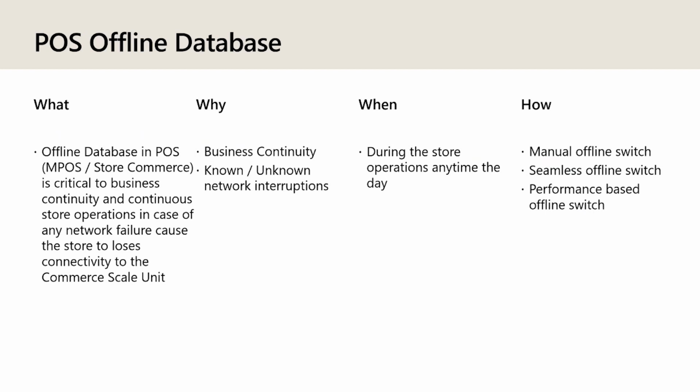And of course, Harish and Scott are going to talk about this in far more depth, but there's a variety of possibilities here between the concepts of manually offline switching, seamless offline switching, which is the more standard, and our more new focused feature sets around performance-based offline switching, where we try to be more proactive. Scott, we'll go ahead and jump to the next slide.